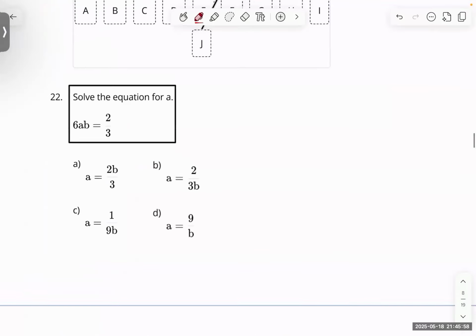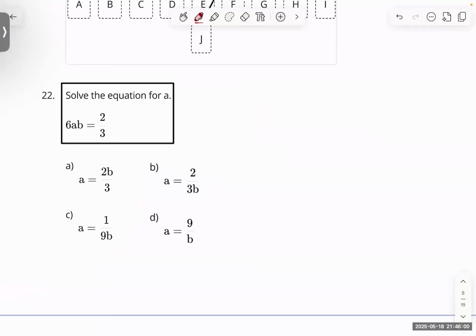Okay, solve the equation for A. Again, what does it mean to solve for something? It means we're getting it by itself. So our goal is to get A equals something. Well, 6AB equals 2/3. This one's going to be a little bit hard to do on the calculator.